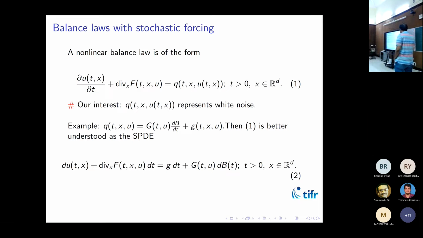Okay. So here, what really happens is the following. I'm just trying to give you the background as to what vanishing viscosity and viscosity solution are. So for this equation, the approach of Kolmogorov and Kruzhkov's school was this: on the right-hand side, suppose it is 0, it is like a deterministic conservation law. And you know that like Burgers' equation, you try to solve it by the method of characteristics, and you see that the solution typically is going to be discontinuous.